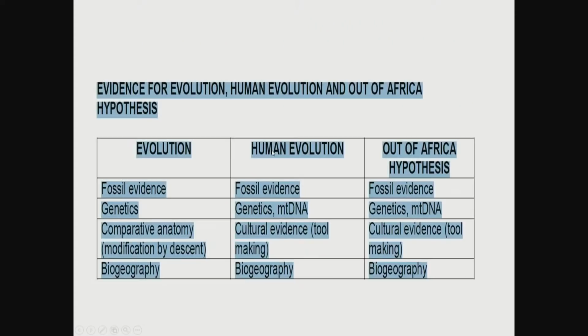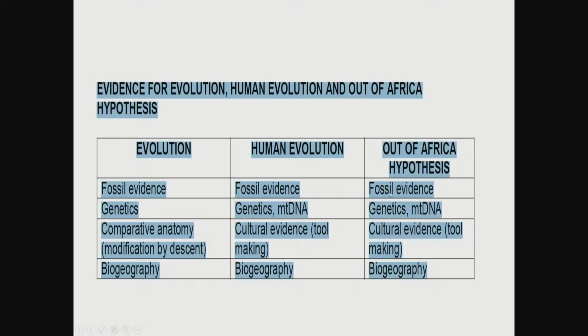Human evolution: fossil evidence, genetic evidence, mitochondrial, cultural evidence, tools and weapons, and also biogeography. And for the out of Africa hypothesis, we have fossil evidence, genetic evidence, cultural evidence, and biogeographic evidence.